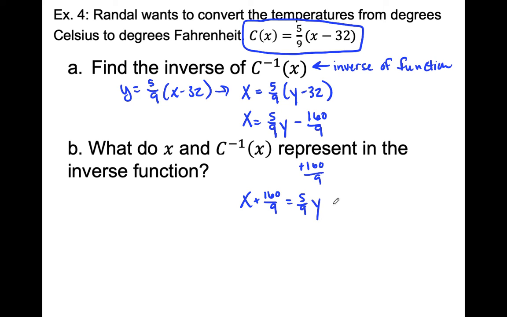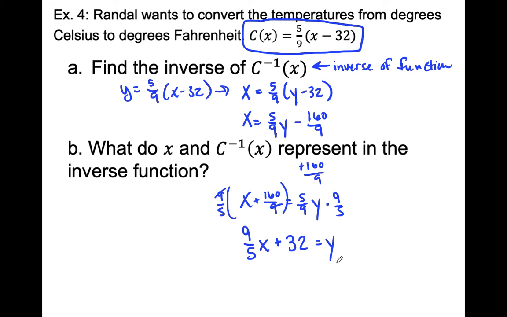There's another way we could have done this one. And now to get y alone, we either divide by 5/9 or we multiply by the reciprocal. So when we do that, we get 9/5 x plus 9/5 times 160 ninths. Your 9's go away, so you end up with 160 divided by 5, which happens to be 32, equals y.